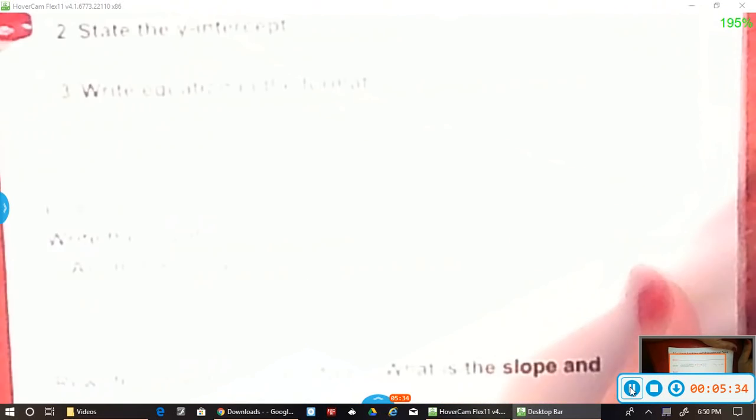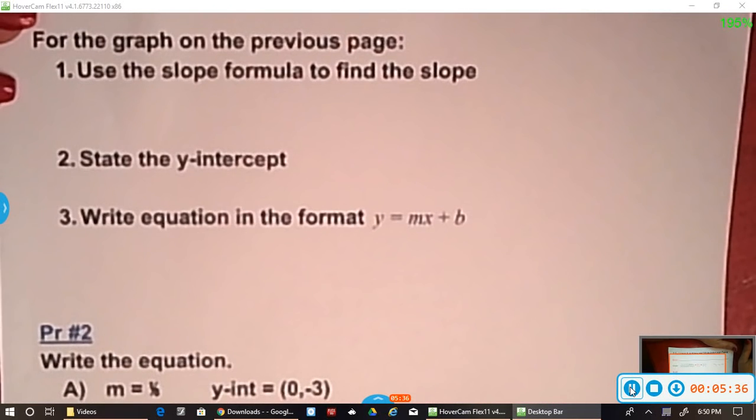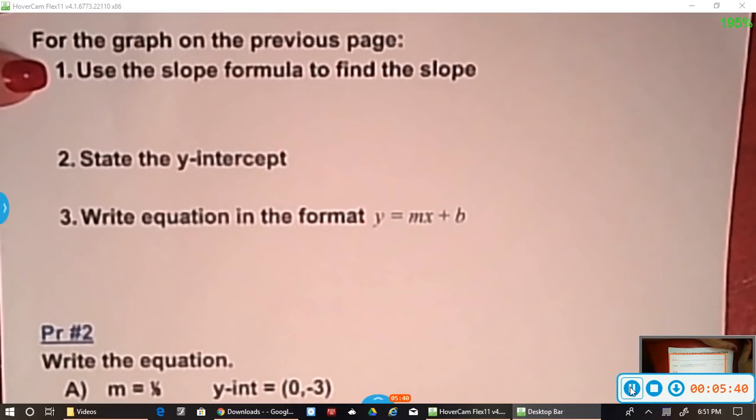So now, for this page, we're going to refer back to the graph we had on the other page. It says, for the graph on the previous page, use the slope formula to find the slope, state the y-intercept, and then write the equation in this format.